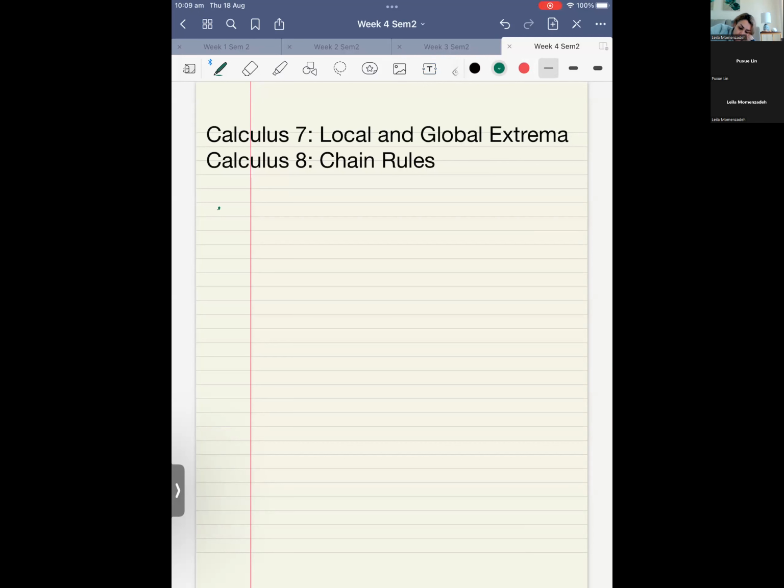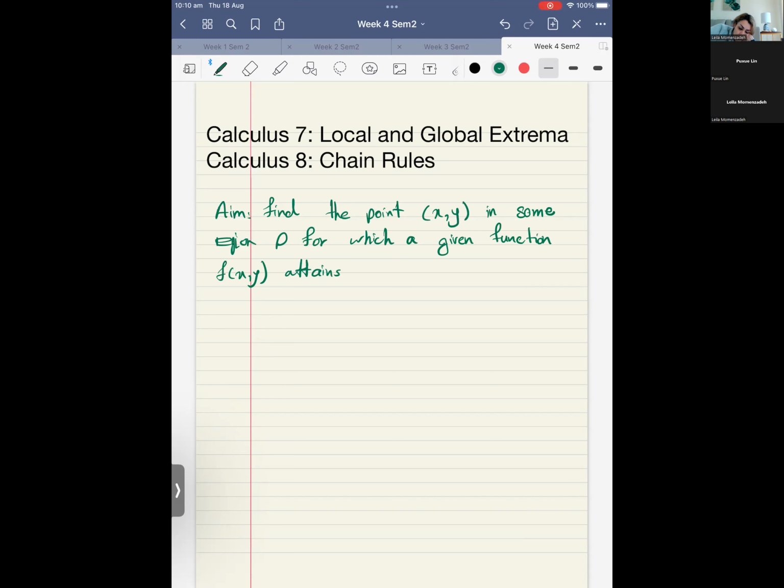The aim of this topic is to find the points x and y in some region D for which a given function f(x, y) attains its maximum and minimum values.